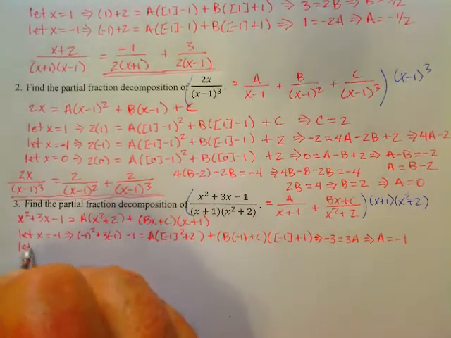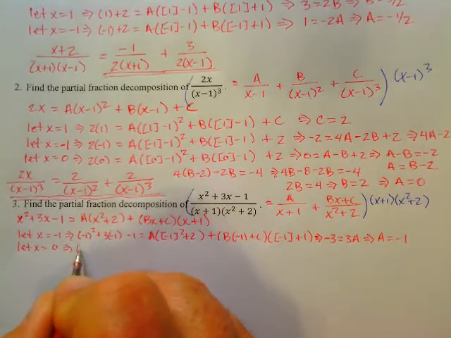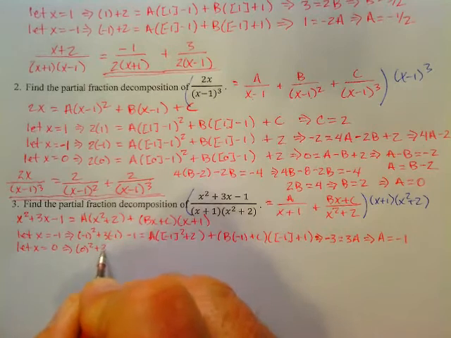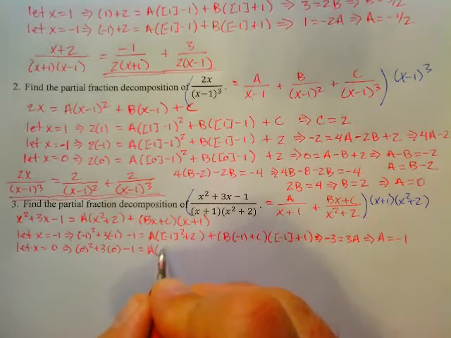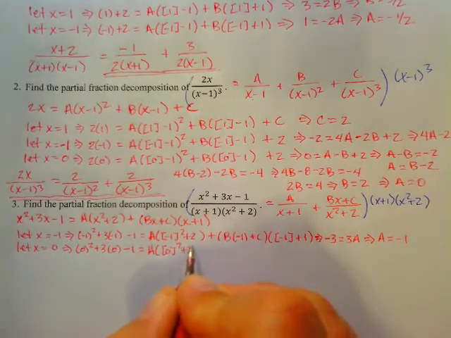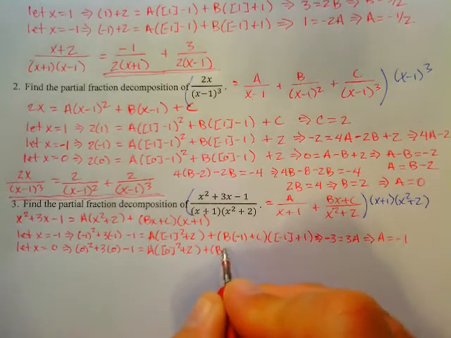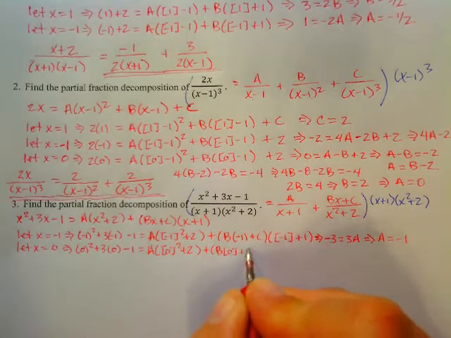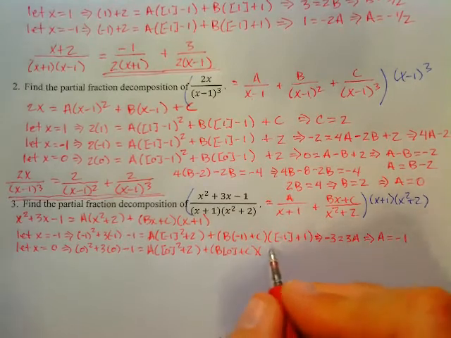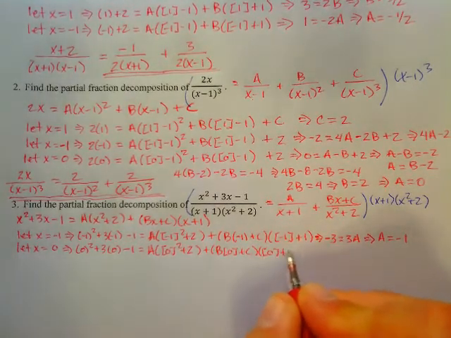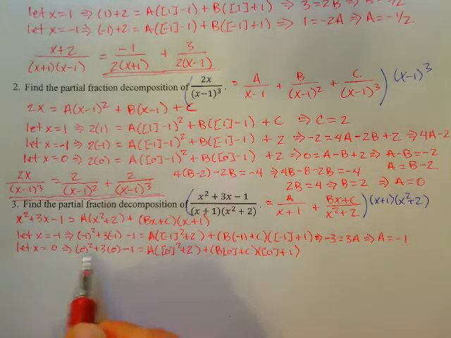Okay, let's let x equal 0. So we're going to have 0 squared plus 3 times 0, subtract 1, a times 0 squared plus 2 plus b times 0 plus c, and then 0 plus 1. So on the left side, 0, 0, minus 1.